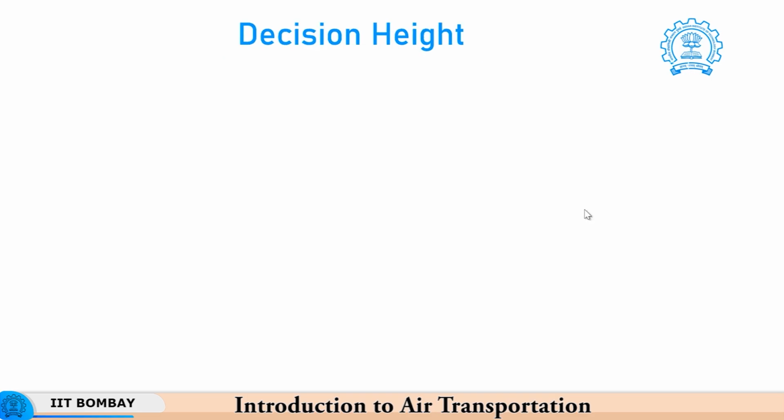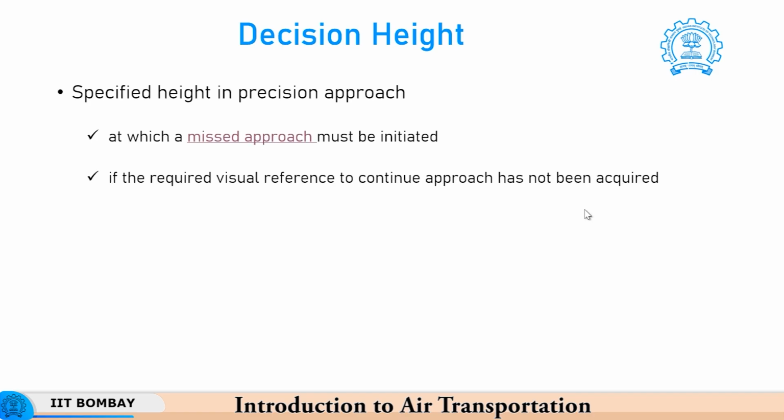Another concept to be understood before we go to the categories of ILS systems is the decision height. This is a specified height during the precision approach at which a missed approach must be initiated if the required visual reference to continue the approach has not been acquired.